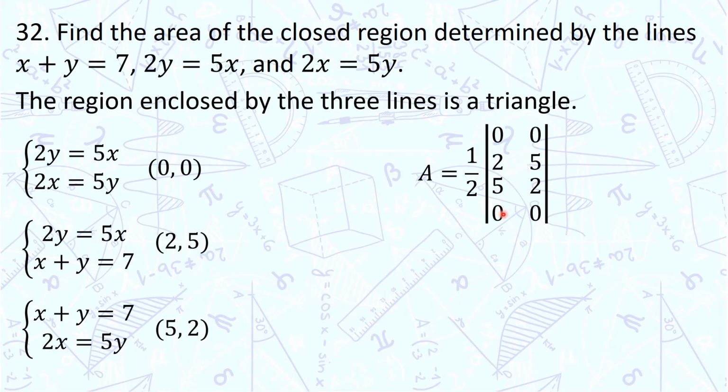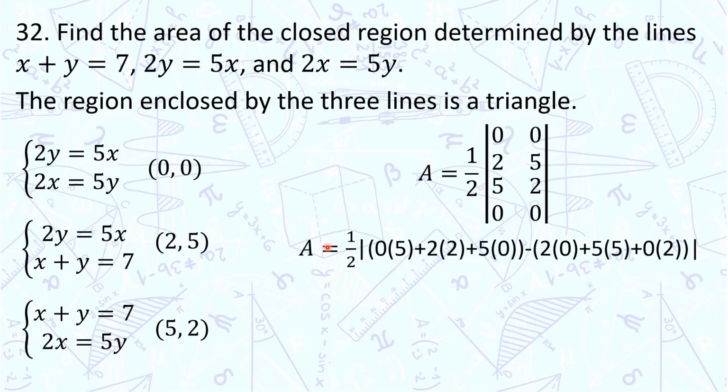So the area is 1/2 times the quantity, getting the product diagonal down minus the sum of the products diagonally up. So that will be 0 times 5 plus 2 times 2 plus 5 times 0 minus the quantity 2 times 0 plus 5 times 5 plus 0 times 2.